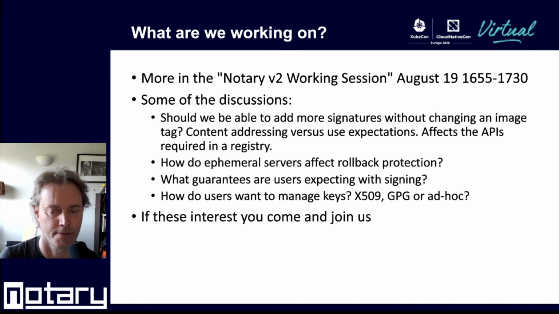Whereas the classic model with content addressability would be that you refer to the content with the signatures. And this is the model that registries expect to work with, that if you want to retrieve an object, you have to specify it. So if you want to retrieve the signed object, you'd have to specify the hash of it with the signatures. And then if you added another signature, it would change.